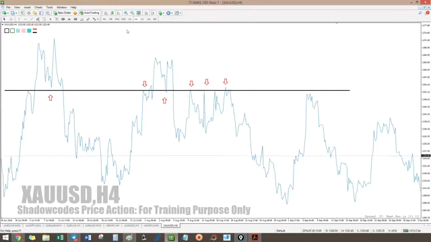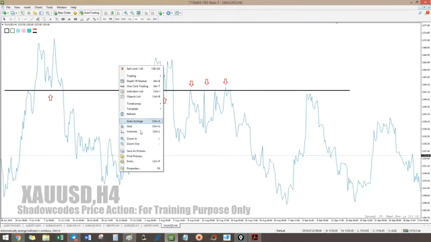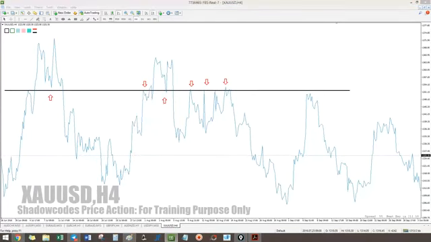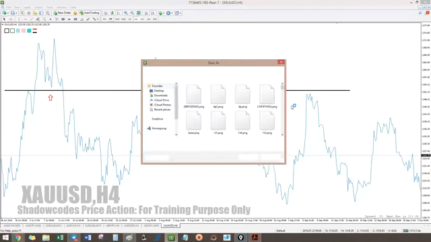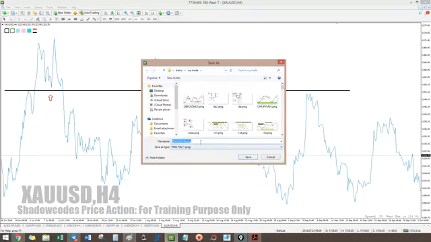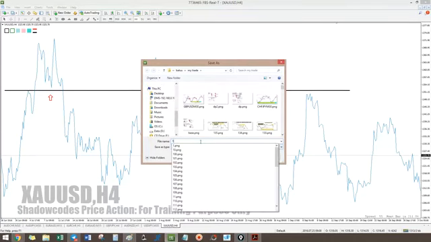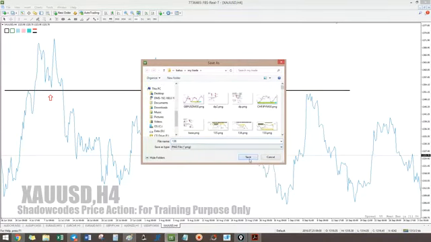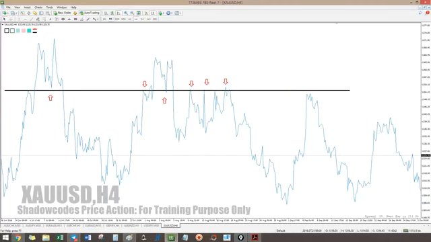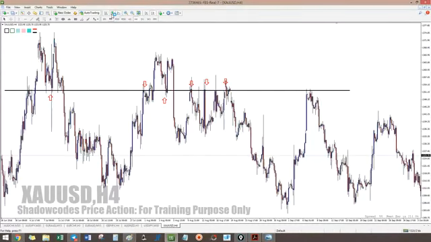I think that's it. So first you screenshot this, save as picture. All right. And then 136. And then change it to a candlestick chart. Right.